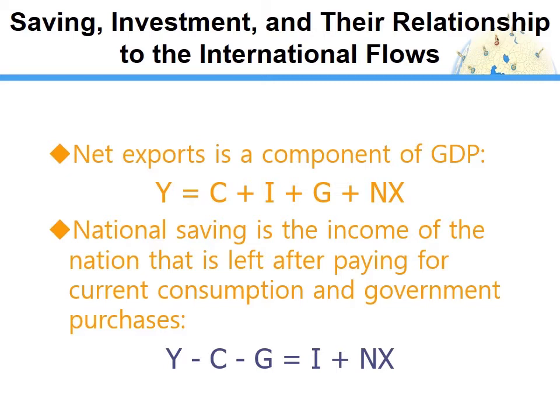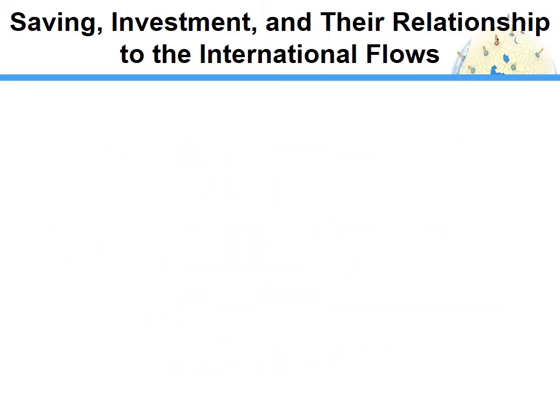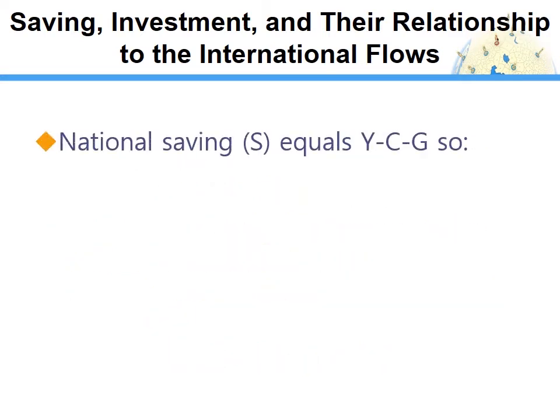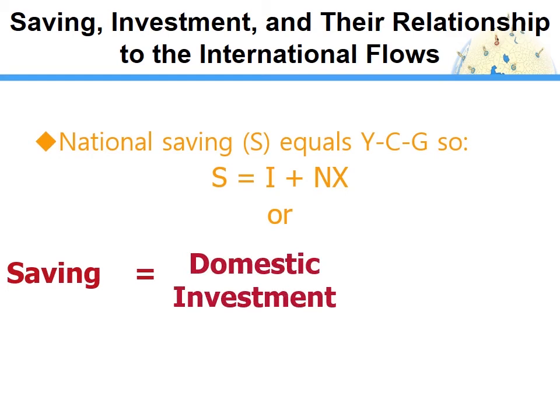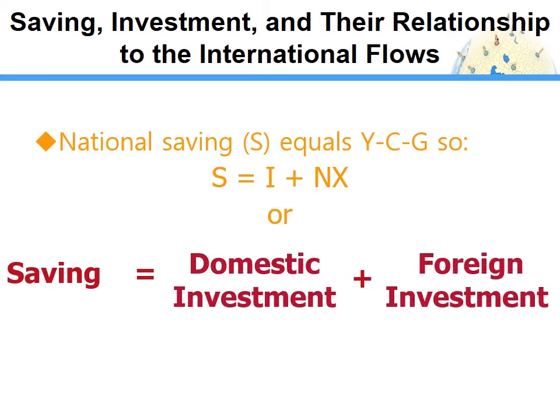Y minus C minus G is equal to I plus NX. National saving, or S, equals Y minus C minus G. So S is equal to I plus NX, or saving is equal to domestic investment plus foreign investment.